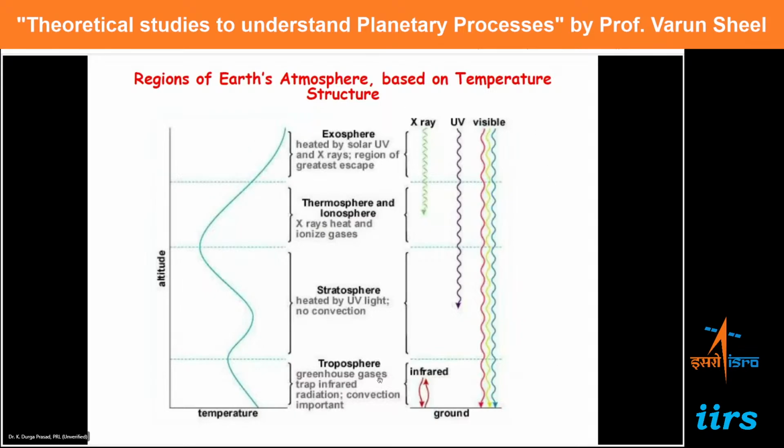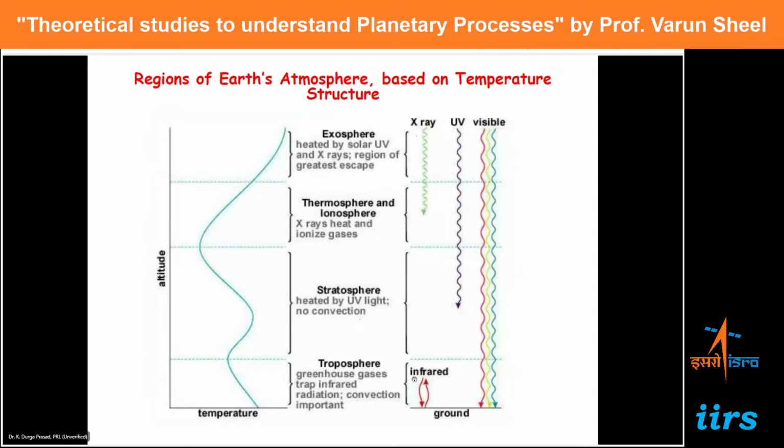If you look at the other way, the solar radiation comprises the entire electromagnetic spectrum, from X-rays to visible, which is shown here, and it has a broad range. X-rays can penetrate only up to this region, UV can penetrate up to the stratosphere, whereas visible can come here.